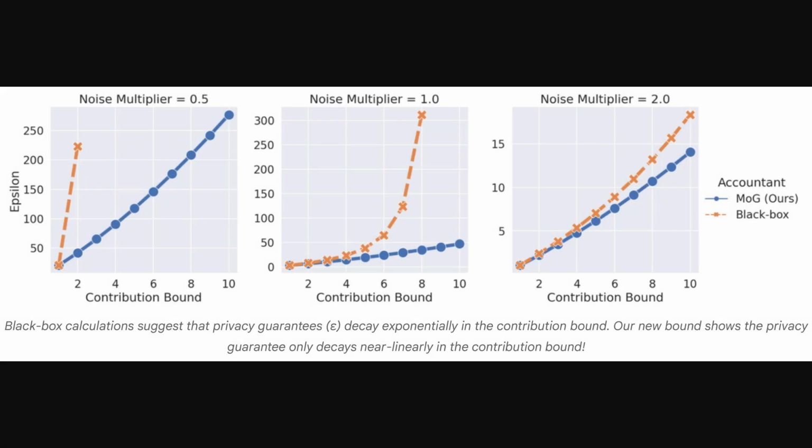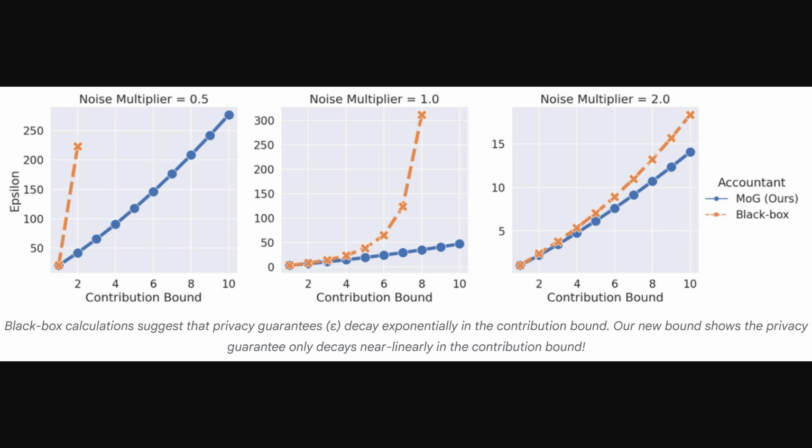Okay, so before those direct performance comparisons we just saw, the authors first had to optimize example-level sampling. These 3 plots here illustrate a critical improvement they made. Each chart represents a different noise multiplier, which essentially controls how much randomness is injected for privacy. On the horizontal axis, we have the contribution bound, and on the vertical, epsilon, that privacy level where lower is better.